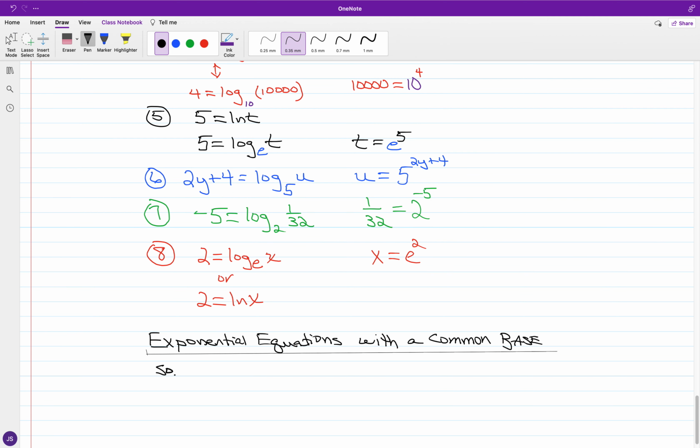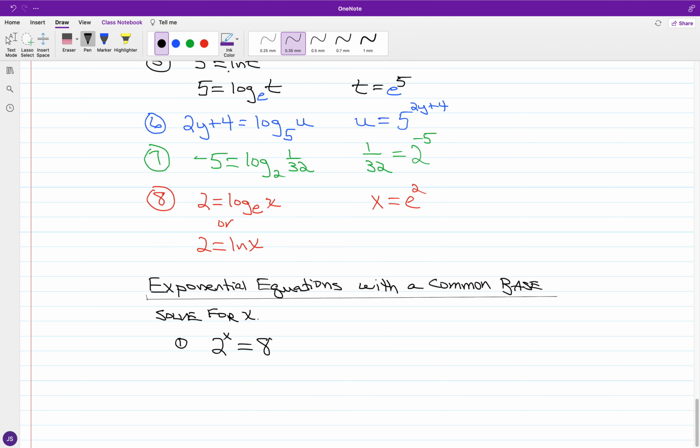Say I'm looking at solving for x, sort of an introductory case. If I have 2 to the x is equal to 8, and I'm solving for x. If you notice, you have the bases at 2 and 8, and 8 is a multiple of 2 and is also an integer power of 2. So the 2 that is present is already going to be the common base.